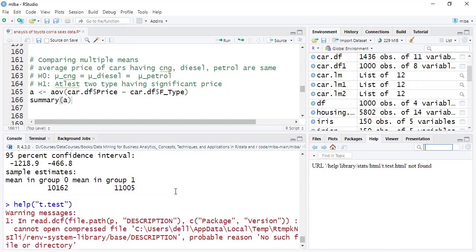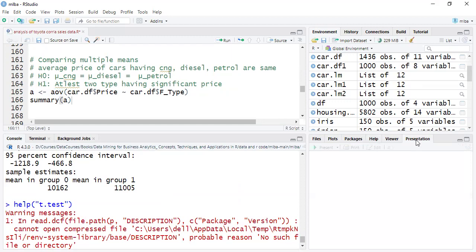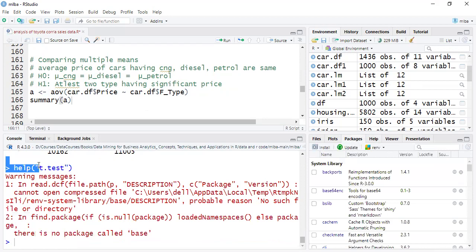The help is not mentioned here, but t.test has more options with which we can change the level of significance and the level of confidence, right? Right now, it's not showing the help. If you run this command, I can't say anything about what output will appear.